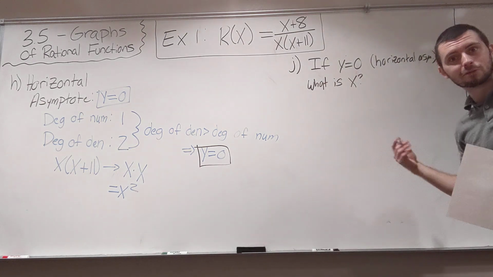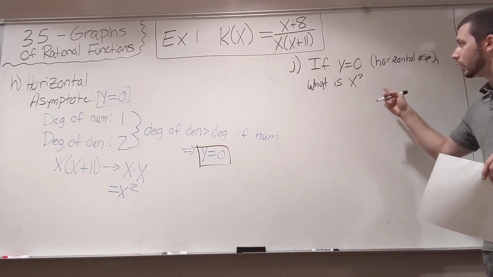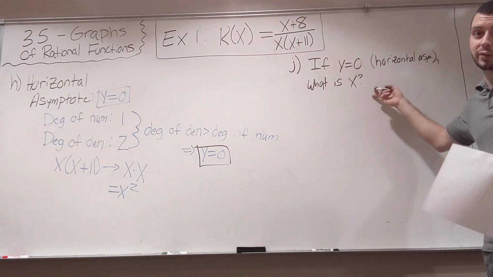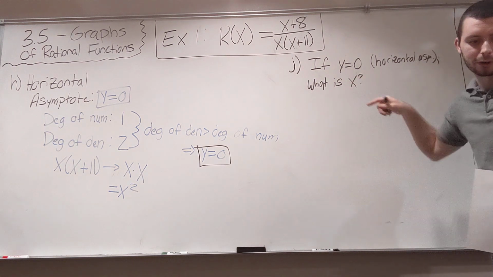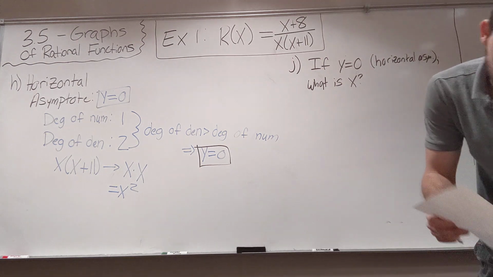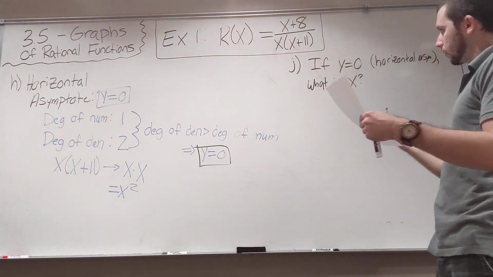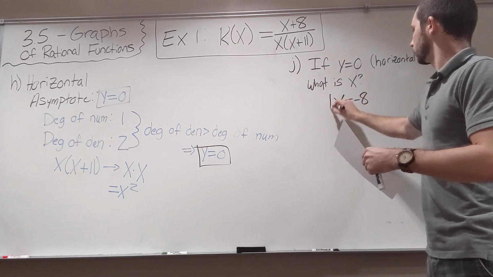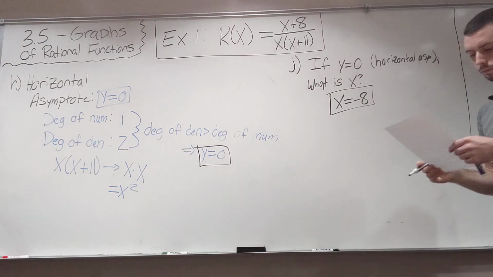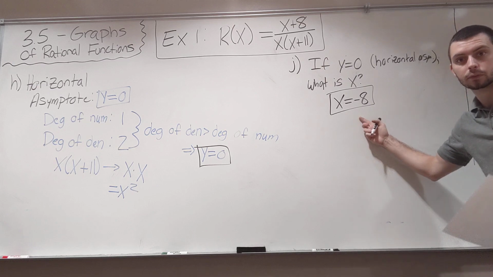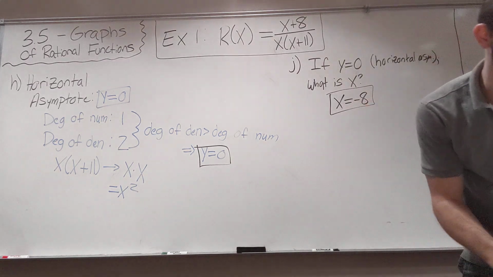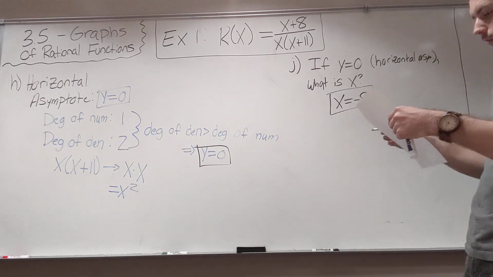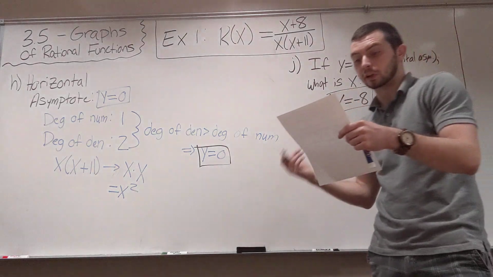If you want to do it again, fine, but this is the same series of steps: you set y equal to 0 and solve for x. And for that one, we found that x is -8. That's from part D of this problem. We already did that one, so we'll move on to part K.